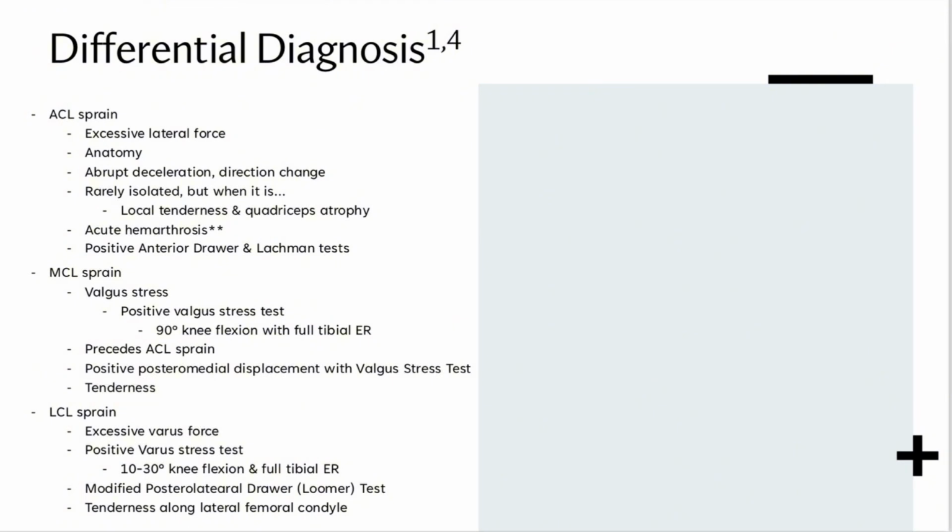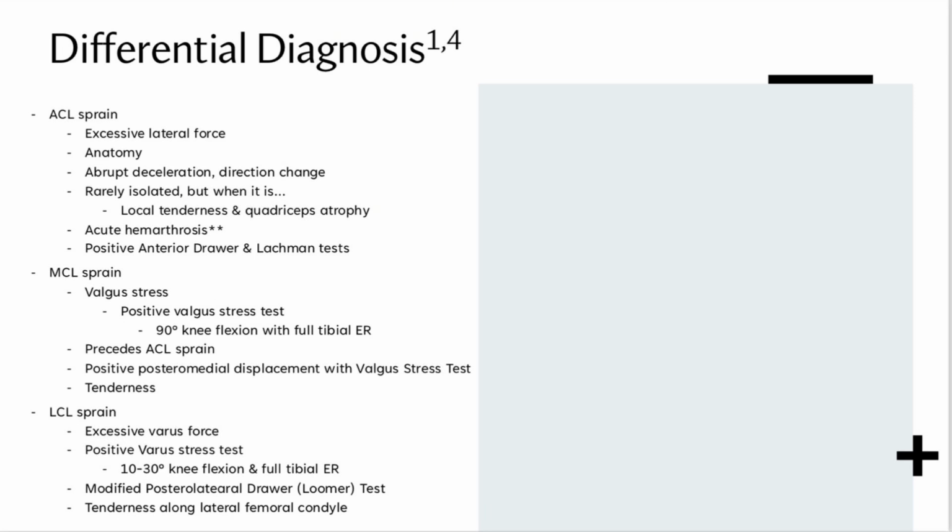And then when discussing pathomechanics, Dutton points out that it is not common for an ACL sprain or injury to occur with hyperflexion or hyperextension, unlike the PCL. And another hallmark sign of an ACL injury would be acute hemarthrosis. And then also diagnostic tests can be positive anterior drawer or Lachman tests.